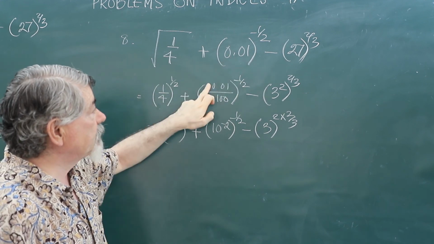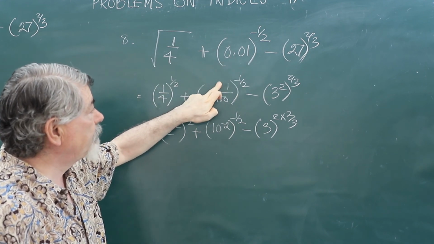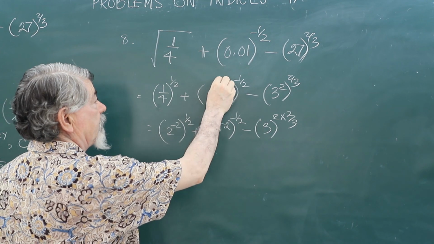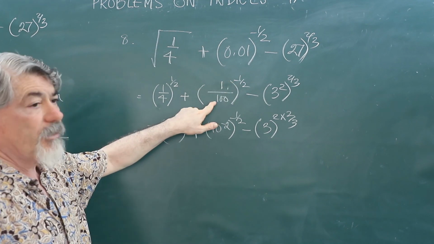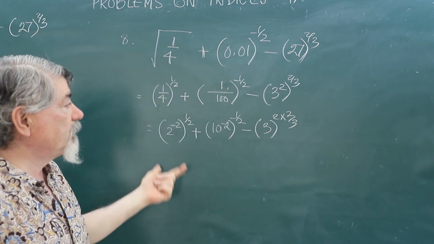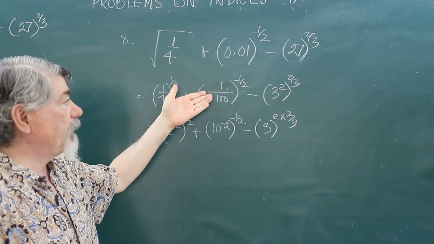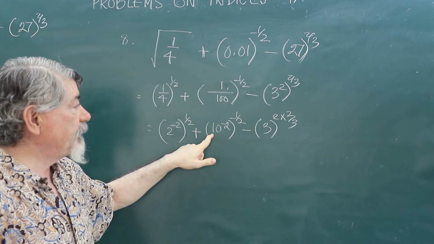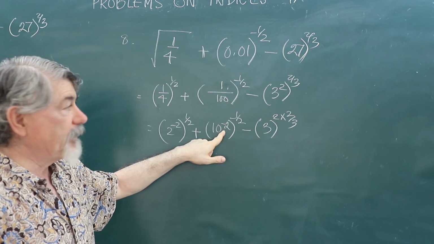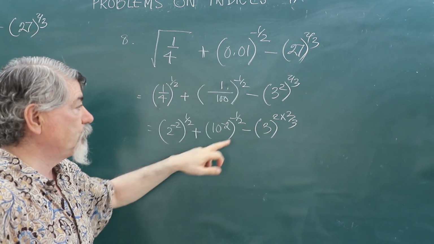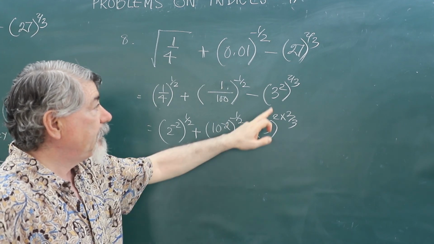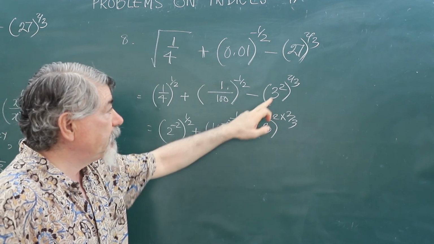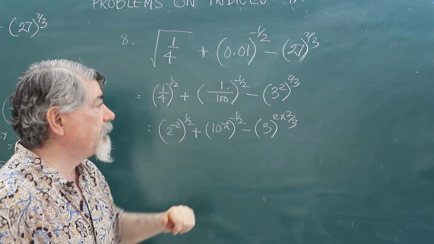We have removed the decimal from here, so it will become 1 upon 100, or 1 upon 10 to the power 2. When I take 10 to the power 2 from denominator to numerator, it changes to 10 to the power minus 2, to the power minus 1 upon 2, minus 3 to the power 3 into 2 upon 3.